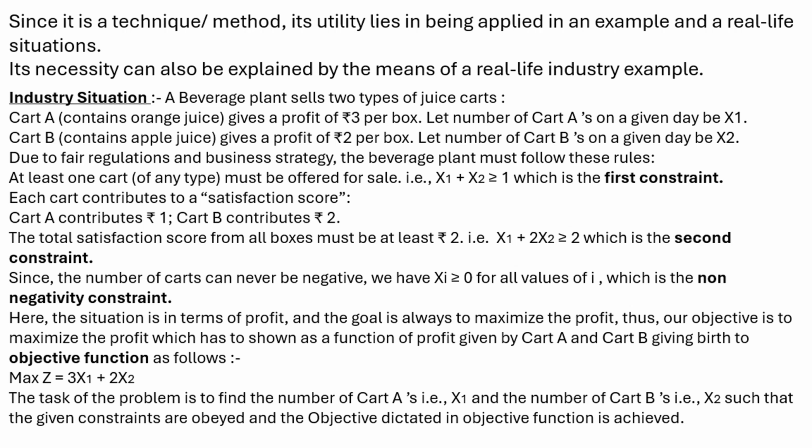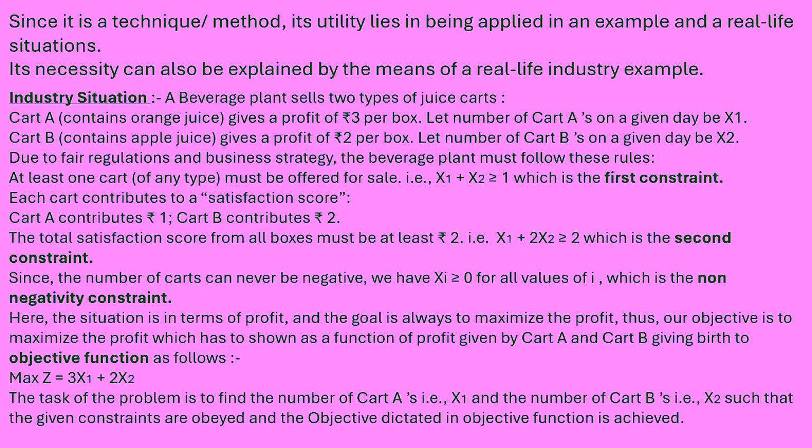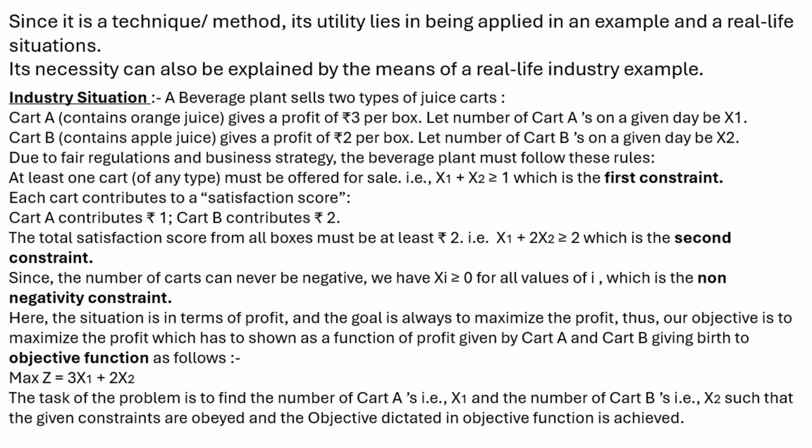We have a beverage plant which sells two types of juice carts. There is cart A, which contains orange juice and gives a profit of rupees 3 per box, and let the number of cart A's available for sale on a given day be x1.